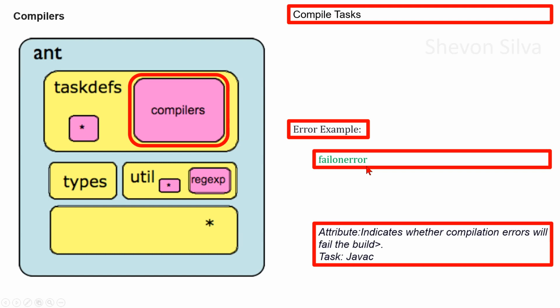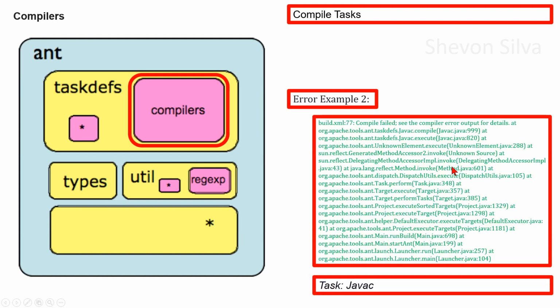Here, as error example 2, we can consider this error that occurred in the javac task. Compile failed. build.xml:77: Compile failed. See the compiler error output for details. There are a number of source files here.